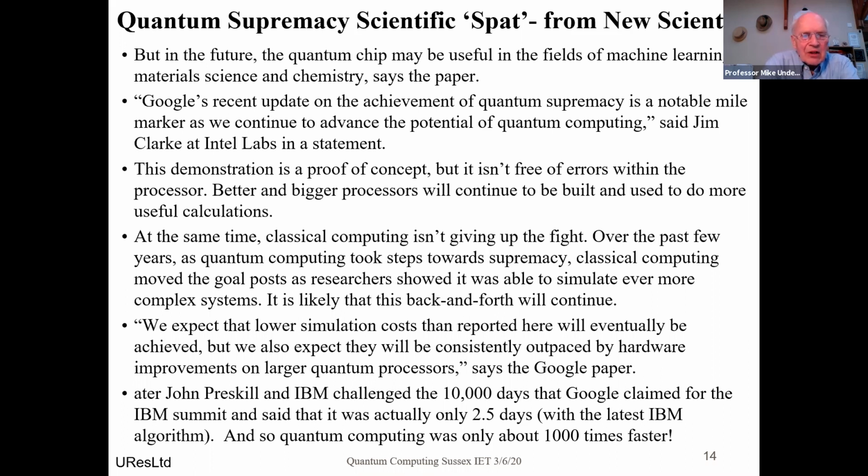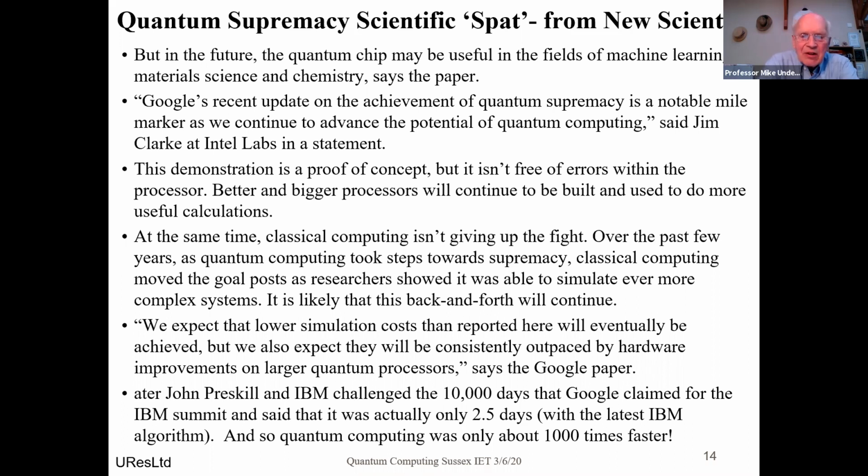Now later, sorry about the missing L, later John Preskill and IBM challenged the 10,000 days claimed for the IBM Summit and said that it was actually 2.5 days because, and this is the point, the latest IBM algorithm hadn't been taken account of by Google and John Preskill.